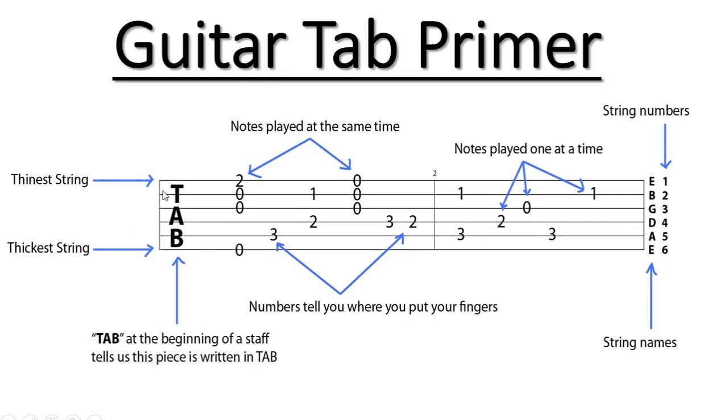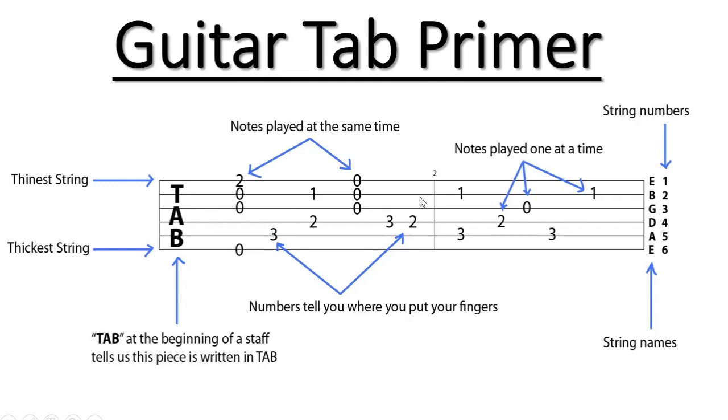So for a 6-string guitar, these would stand for the strings that you need to play, starting with the thickest string, the string that's closest to you, which would be this one, the E string, all the way up to the first E string, which is the thinnest string, and it should be further away from you. All right. And another way that you'll know that it's guitar tab is by the word tab over there. So, big difference.